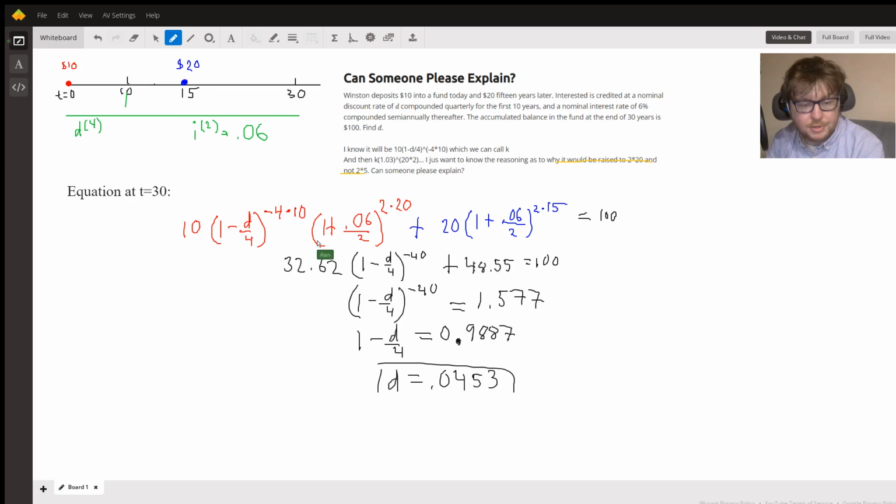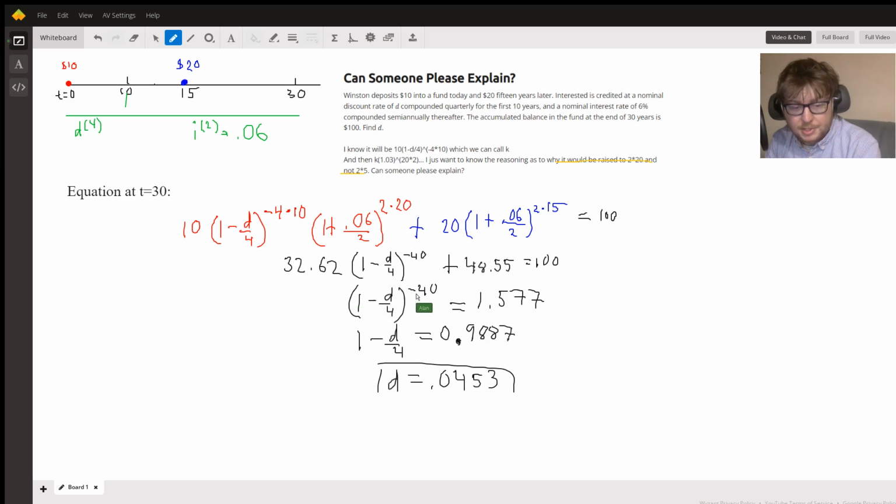The only part you have to remain unknown is this (1 - d/4) term. But the point is you end up getting 32.62 times (1 - d/4) to the negative 40 plus 48.55 equals 100. So now simple algebra, subtract 48.55 from both sides, divide by 32.62 from both sides.